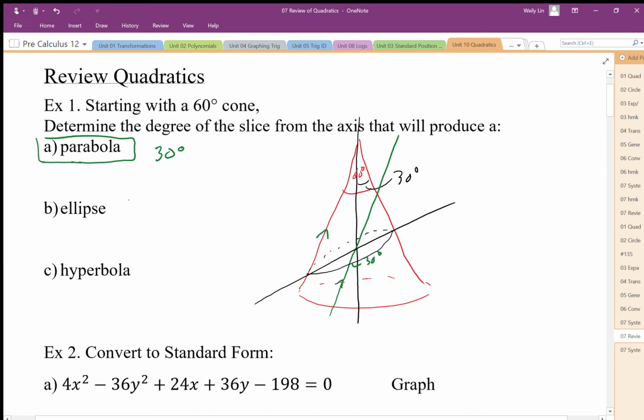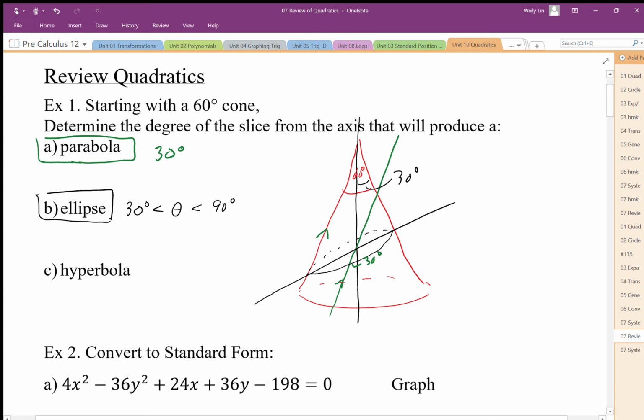So 30 degrees all the way to 90 degrees will form an ellipse. In fact, if we consider a circle an ellipse, we would include the 90 degrees, but for argument's sake, we're just going to do a non-circular ellipse. Okay, so there it is.